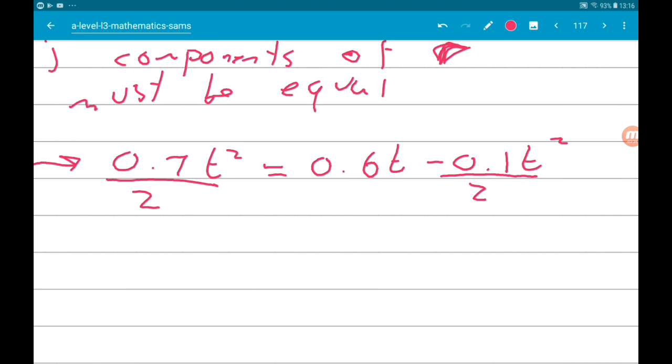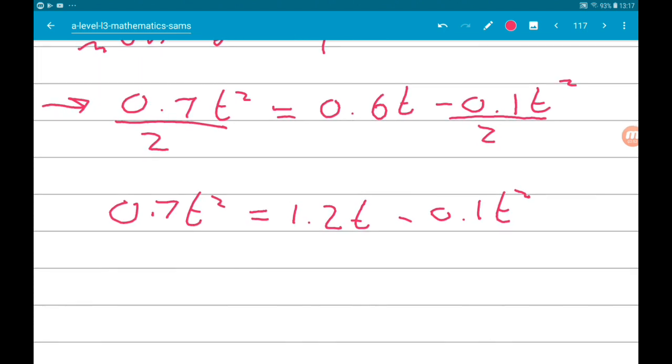we will get 0.7 t squared is equal to 1.2 t minus 0.1 t squared. Multiply through by 10, 7t squared is equal to 12t minus t squared.